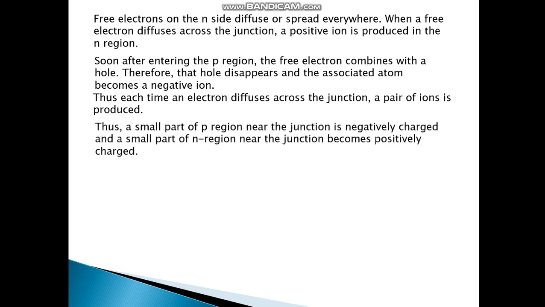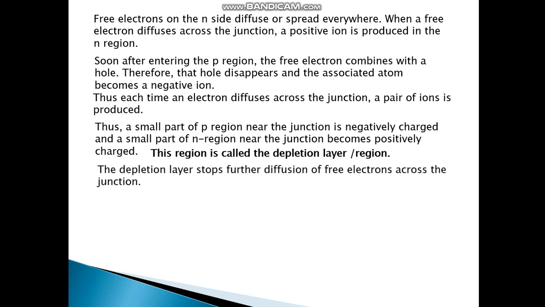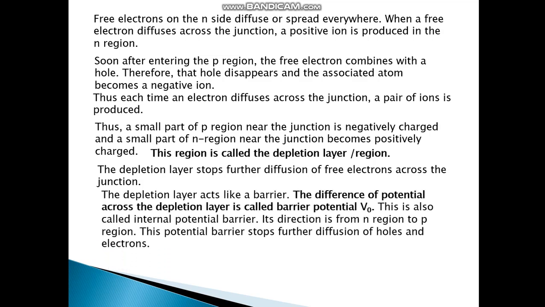Thus, a small part of the P region near the junction is negatively charged and a small part of the N region becomes positively charged. This region is called the depletion layer or region. The depletion layer stops further diffusion of free electrons across the junction. The depletion layer acts like a barrier.